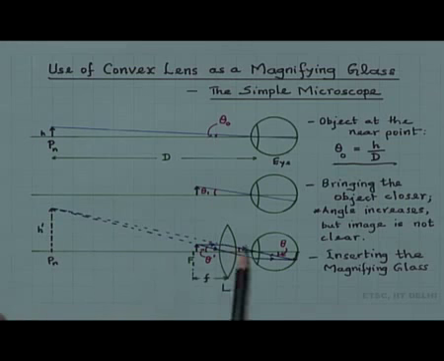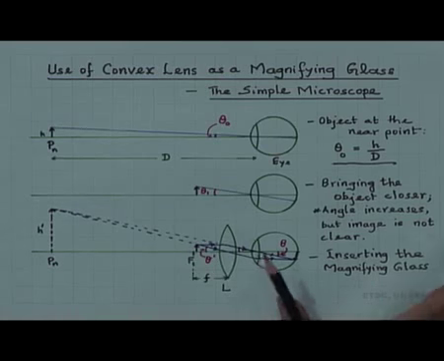So, to have this virtual image, the object position should be close, but a little less than the focal length, and f is the focal length of the lens. Therefore, theta dash here can be written as h, the object height, divided by the focal length approximately. So, that is what I have shown here.